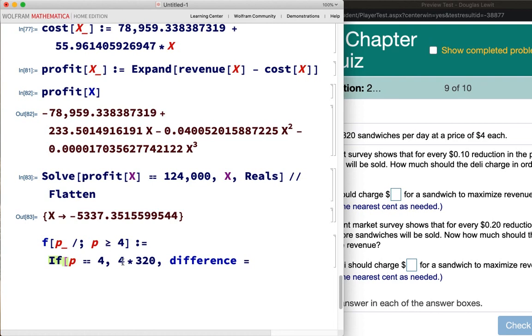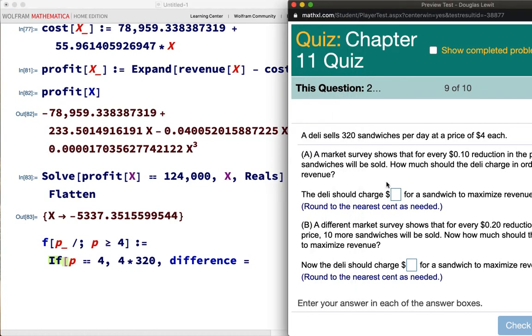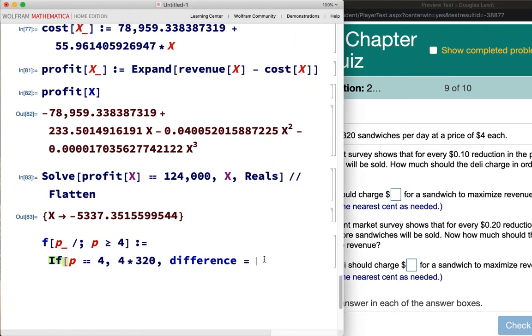So if my price is equal to $4, then my revenue is going to be $4 per sandwich times 320 sandwiches. Or the difference is P minus 4.